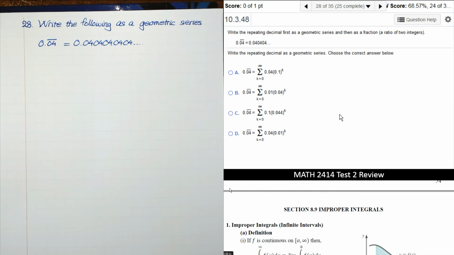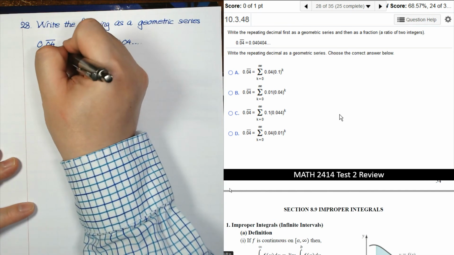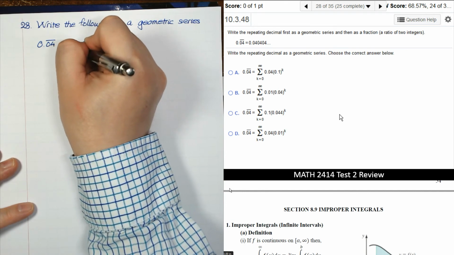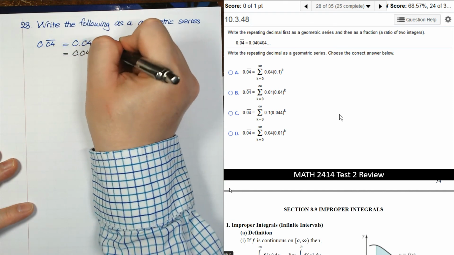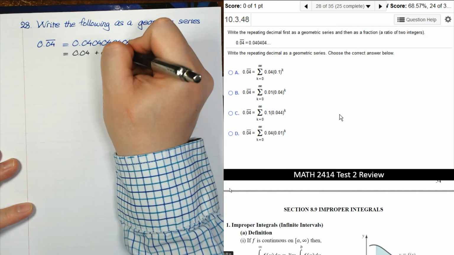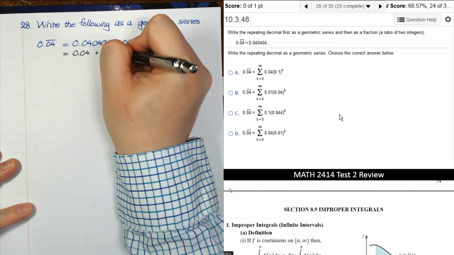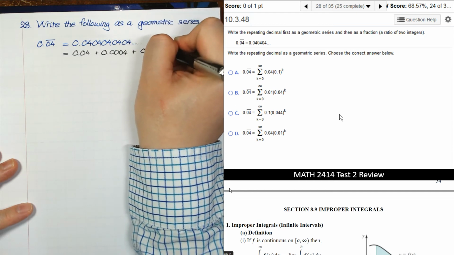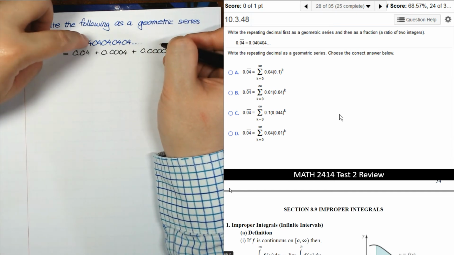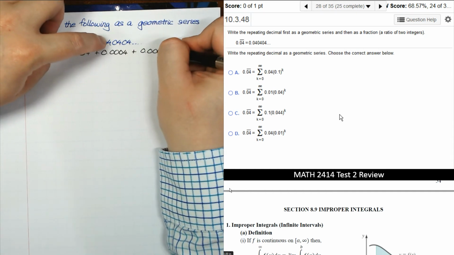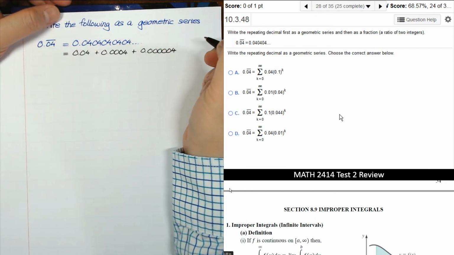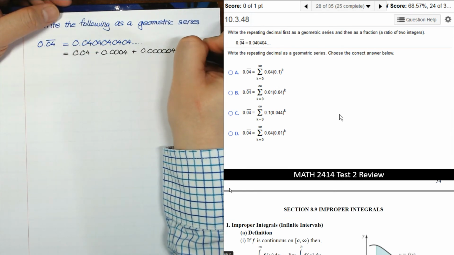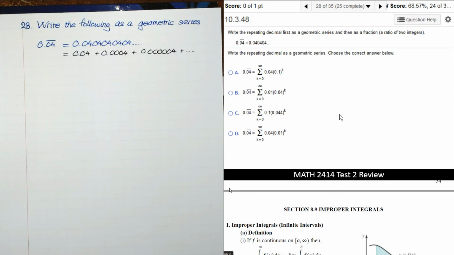Right, so how do we do this? If we want to write it, one, two, three, four, 1, 2, 3, 4, 5. We certainly can do that.